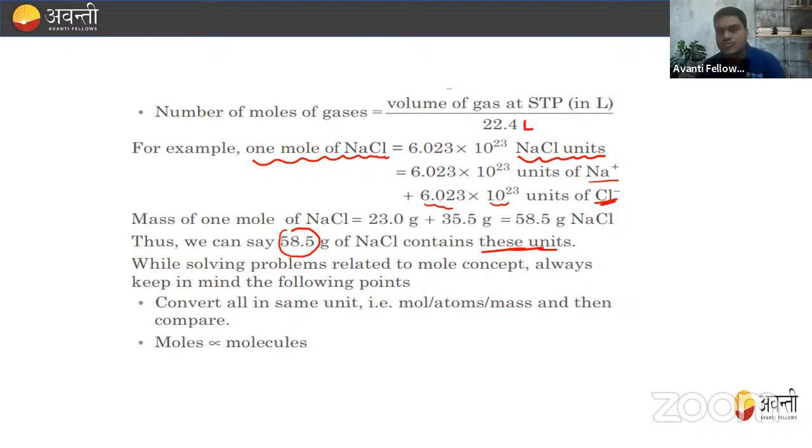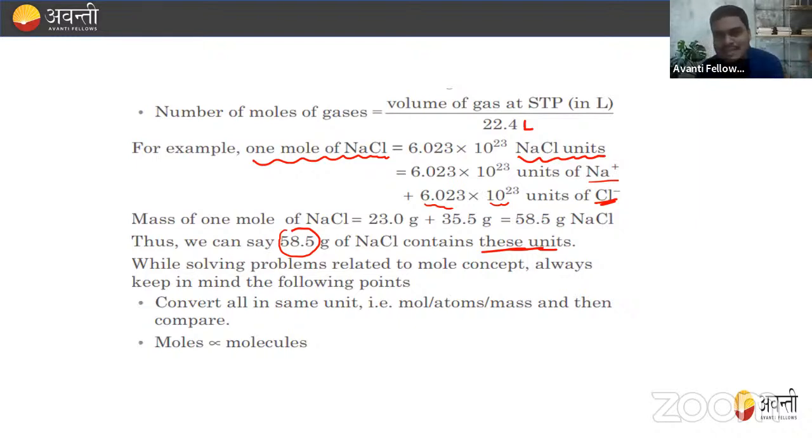So we can say that 1 mole of a compound is equal to its molecular mass. What is molecular mass basically? Molecular mass is the mass of 1 mole of the compound.